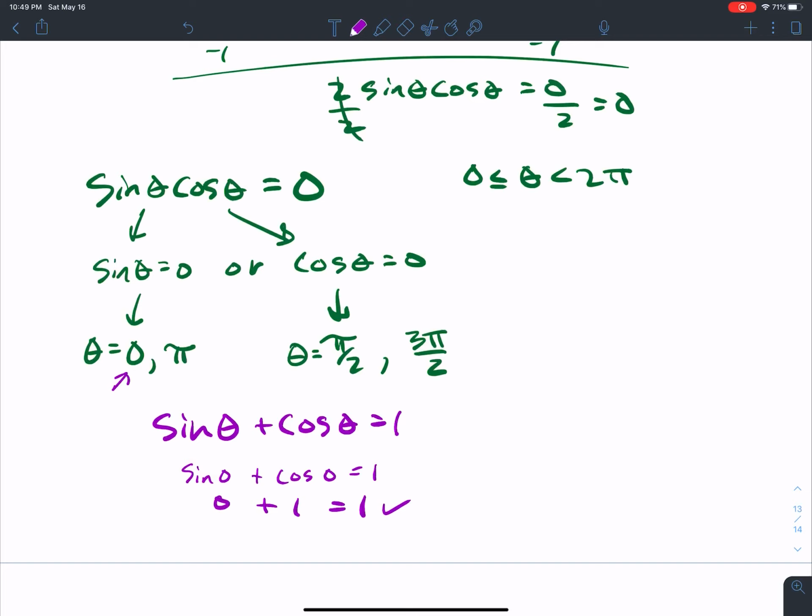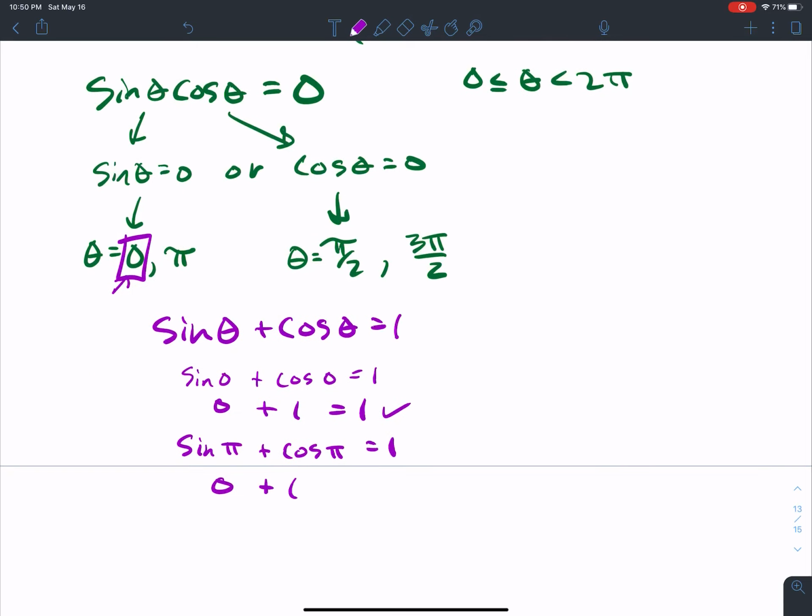That's true. So this is a good solution right here. If I do sine of pi plus cosine of pi equal to 1, that's 0 plus a negative 1 equal 1. That's an extraneous solution. That doesn't work. Negative 1 doesn't equal 1.